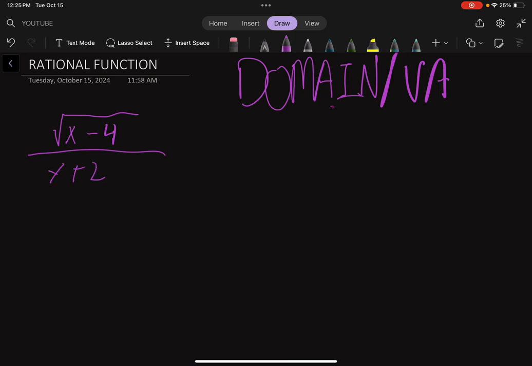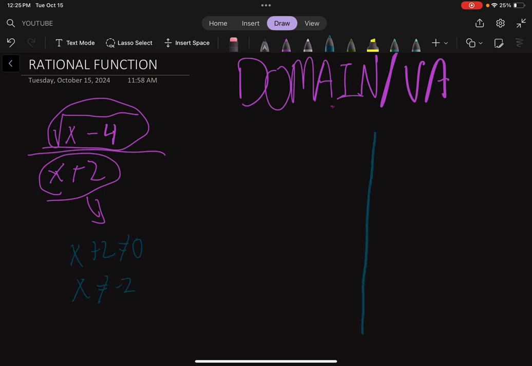This one's a little different because there's a square root. However, we can still find the vertical asymptote the same way. So x plus 2 cannot be 0. X cannot be minus 2.